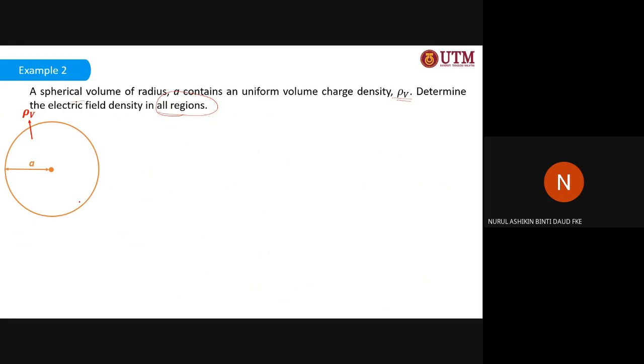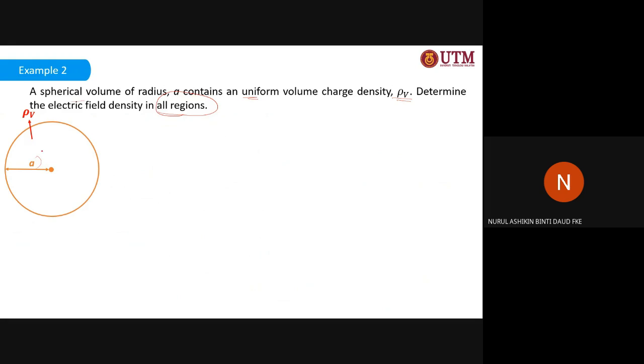There is a spherical volume. What is the radius? The radius is a. And the shape is uniform, so it means that the whole shape has the same radius. The radius is constant, with value a.